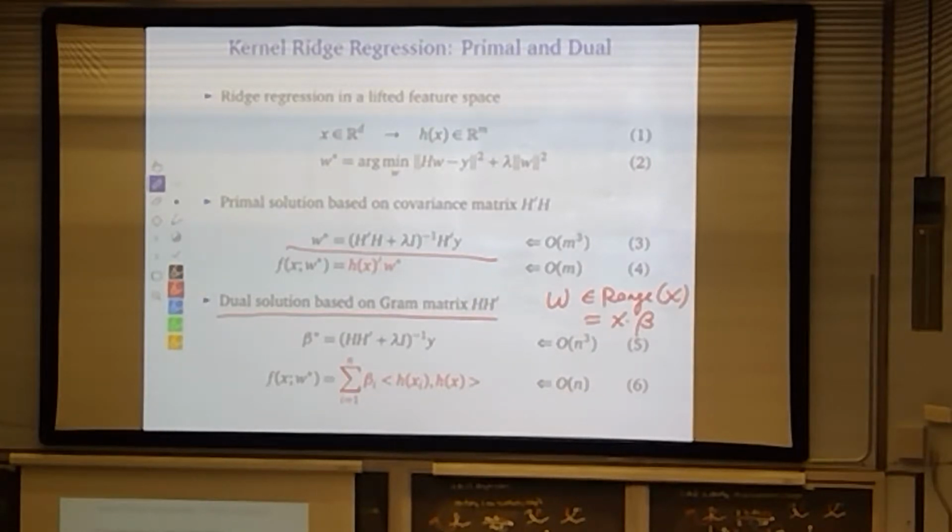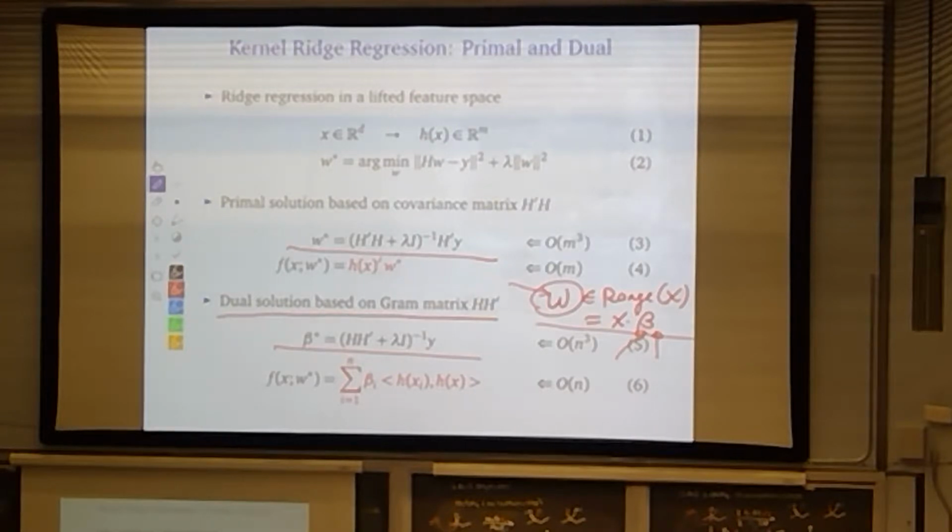So this part is through this ridge criterion, through the fundamental theorem in linear algebra, the null space component has to be 0, so it can be expressed as a linear combination of X. And then we introduce a dual variable, beta. And then we plug it into this criterion. Since W is gone, it's only a function of beta, and it results in this solution instead.